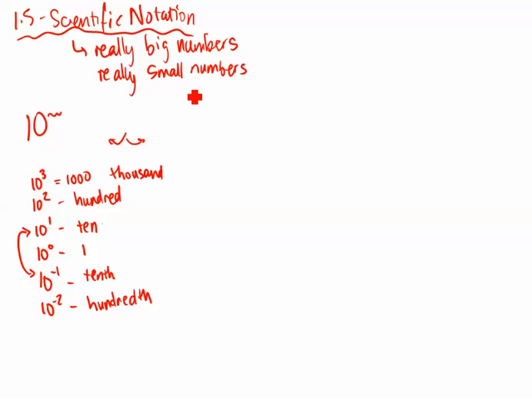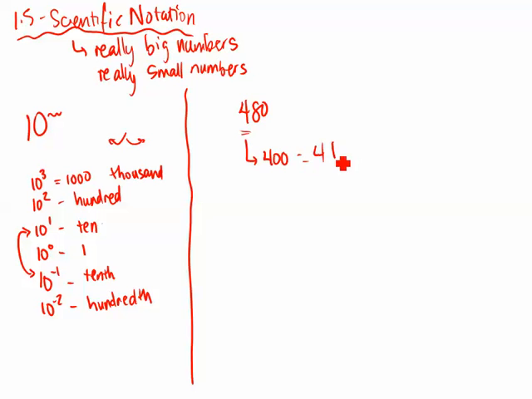And so we can take a look at how we can represent a number based on just this power of 10. If we take the number 480, for example, and want to break this up into scientific notation, what we want to do is look at the largest place value of the power of 10. And this is this number 4. Well, this 4 is not really a 4, but it's truly a 400.